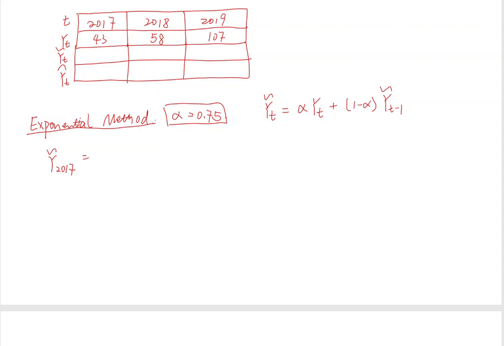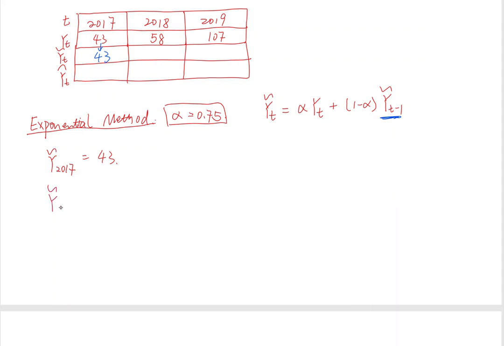What is the starting point? It will be just the observed value for 2017. So we just use the first observed value as a starting point. Alright, and then we will use this for this part. So let's continue.